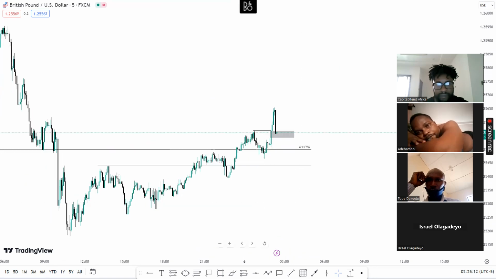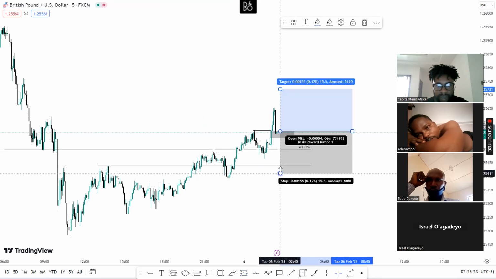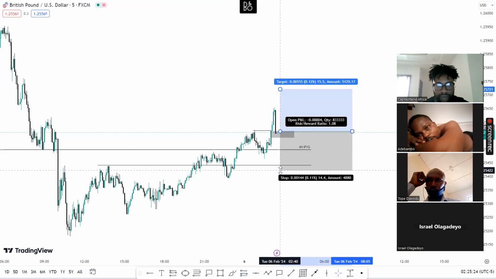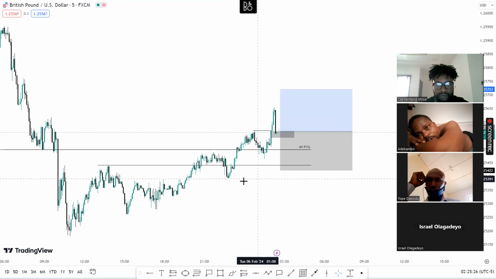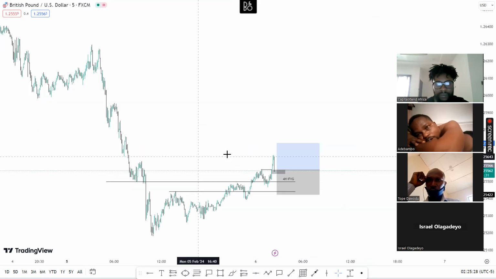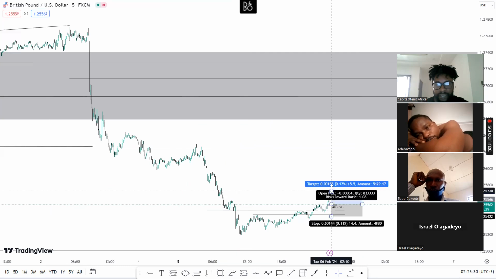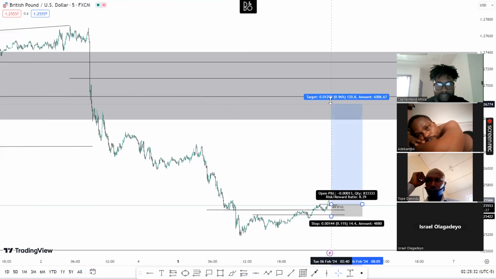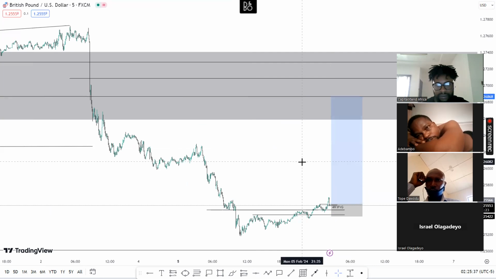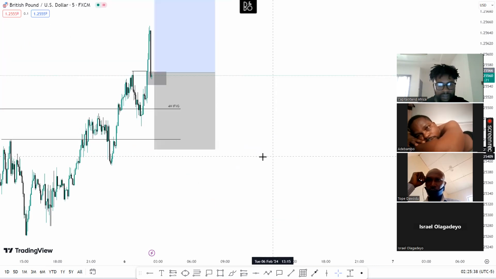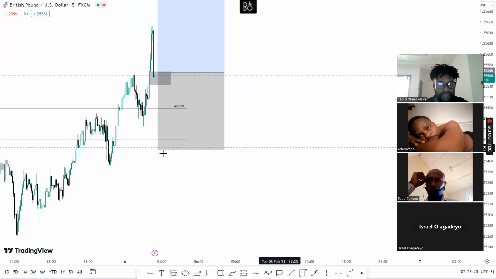If you want to take this buy on GBPUSD, you can go in now, maybe have your stop loss just below this inversion. And where are we targeting? We're targeting this.